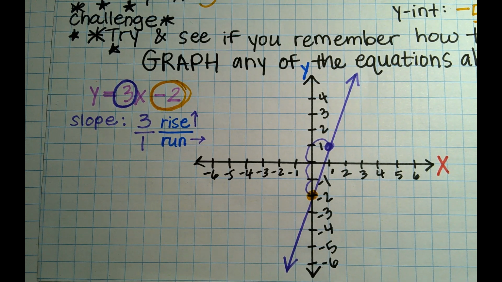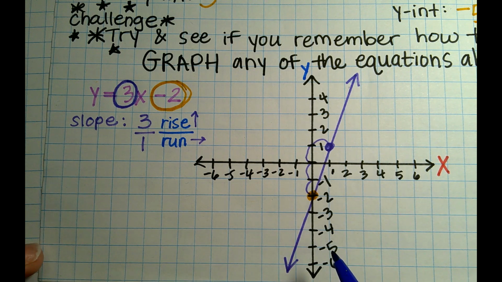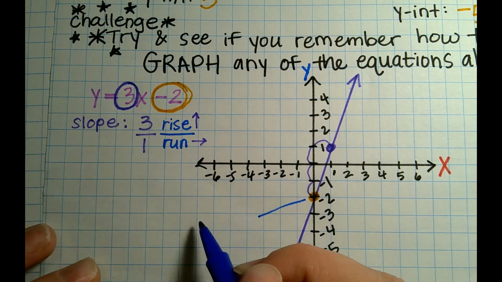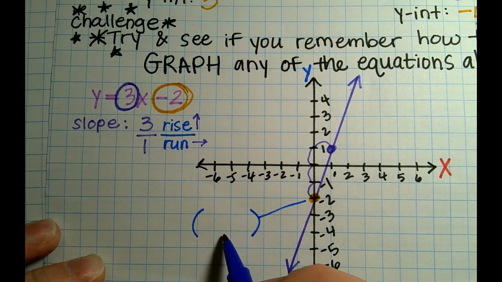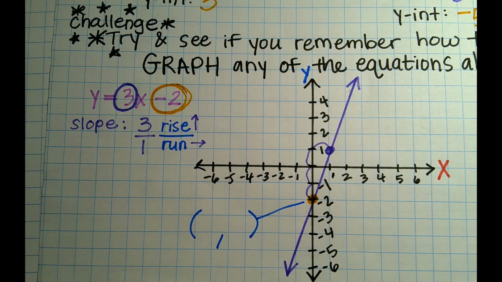I see a few of us still getting your lines. I'm seeing my rulers coming out. And as we're waiting for everyone to finish up, maybe we can label some of these coordinates. In a coordinate, I have an x value and a y value. Which one comes first, x or y?